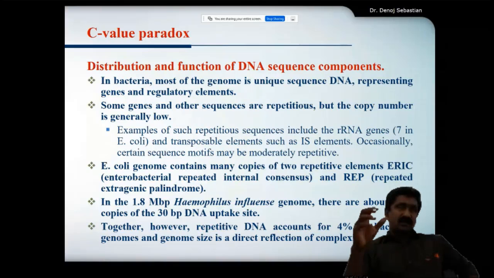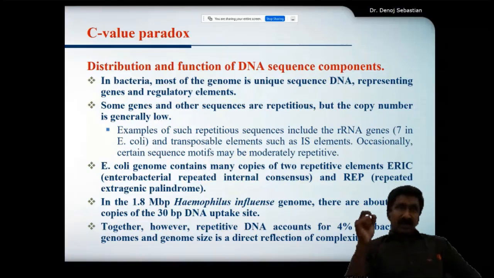So these are two well-known repetitive sequences in the E. coli genome: ERIC, the enterobacterial repetitive intergenic consensus, and REP, the repetitive extragenic palindrome.